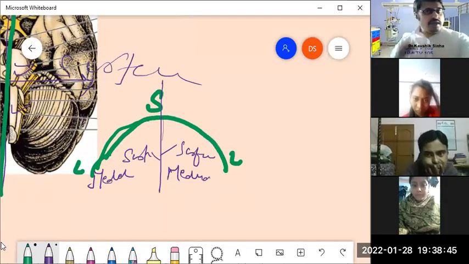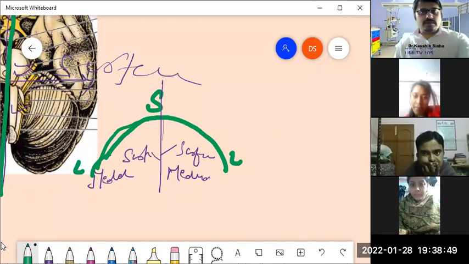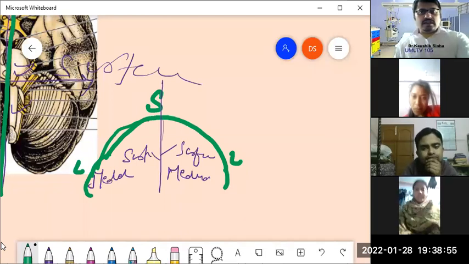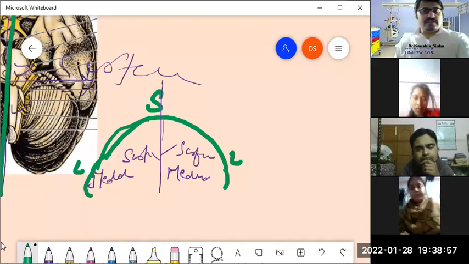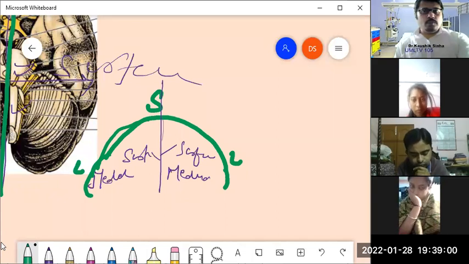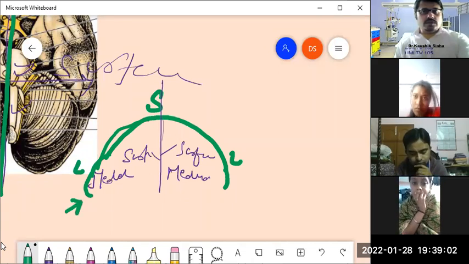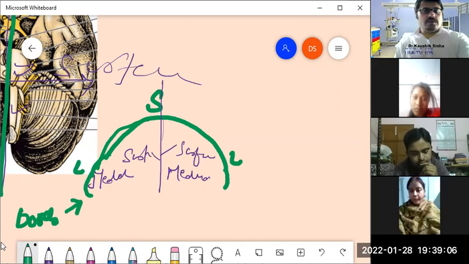আমি যদি এই ডায়াগ্রামটাকে একটু ফলো করি, say for example if I draw this superolateral surface even farther down, I will see that the superolateral surface is ending in a border. So in this location there is the border. কিসের border?